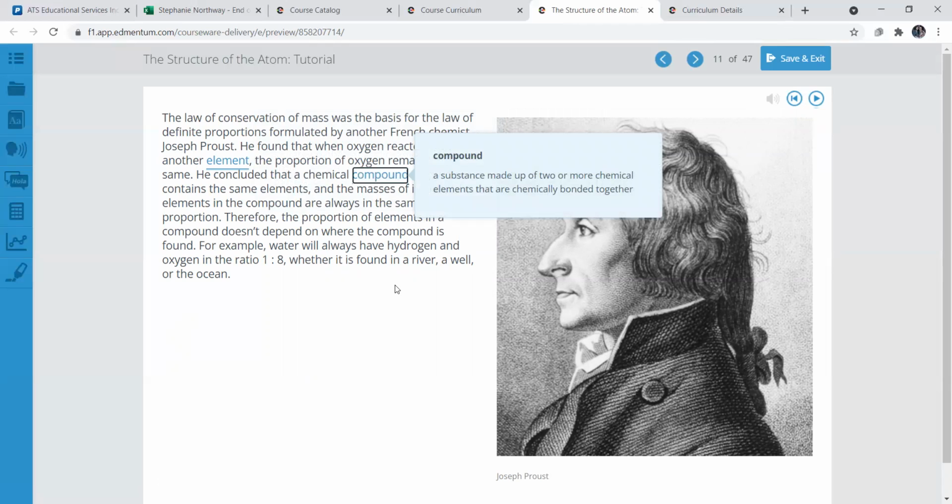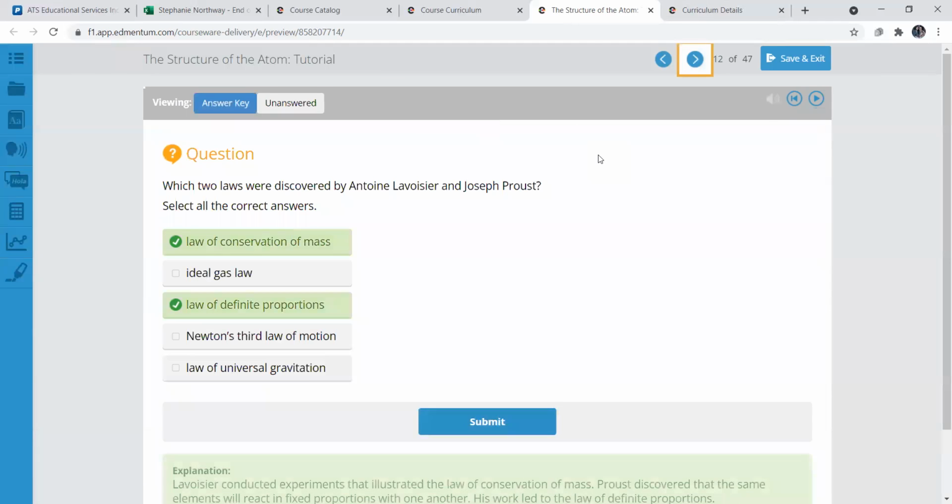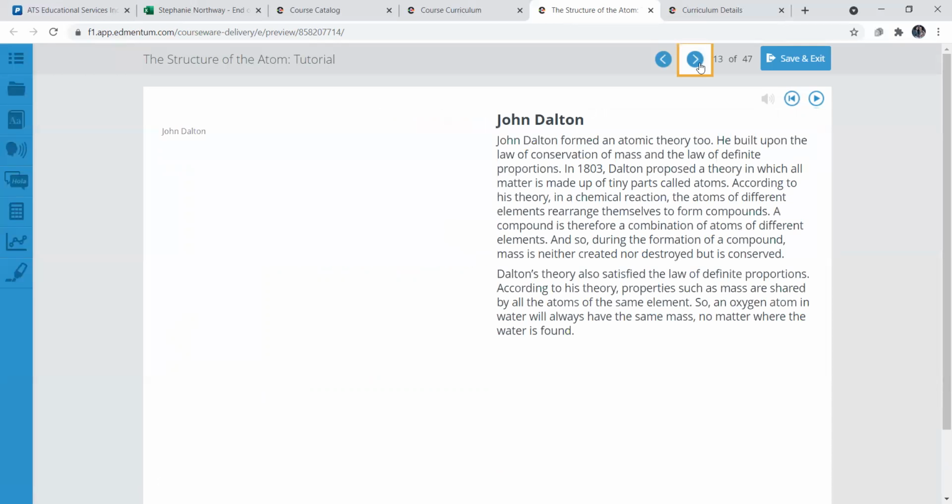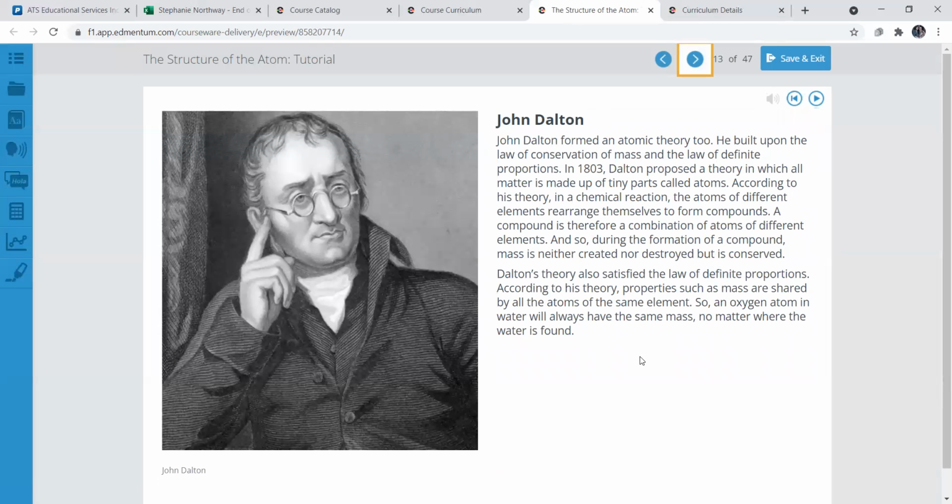A compound is a substance made up of two or more chemical elements that are chemically bonded together. Let's see what two laws were discovered by these guys: the law of conservation of mass and the law of definite proportions. Those are two important things. Matter cannot be created or destroyed.